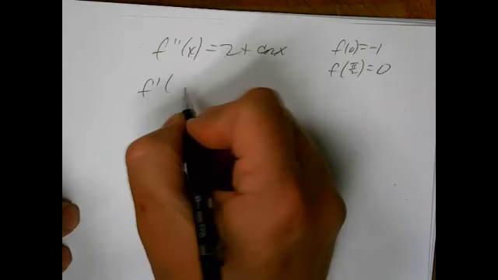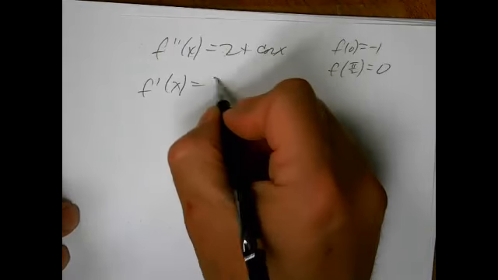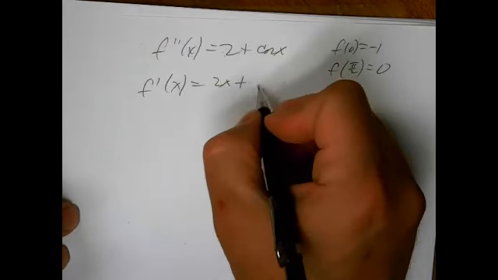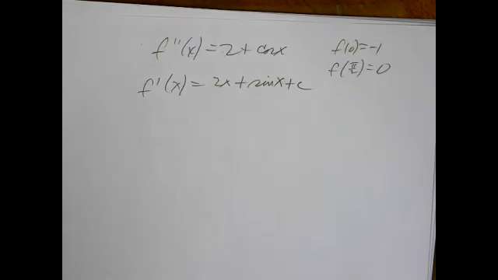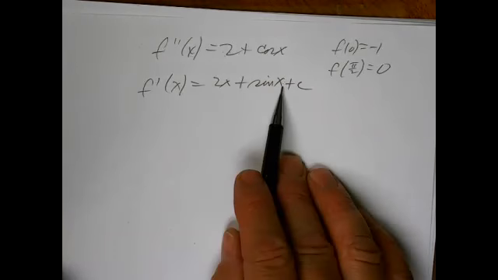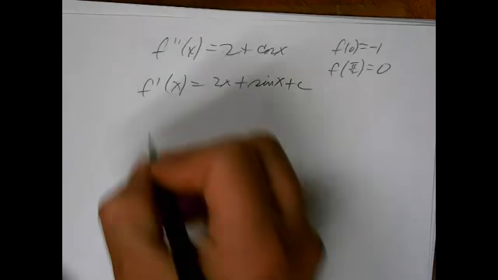The antiderivative of f double prime is f prime. The antiderivative of 2 is 2x. The antiderivative of cosine is sine plus an unknown constant. Now, they didn't give me anything that I could plug in for f prime, or I would make use of these numbers, so let's step it back again.